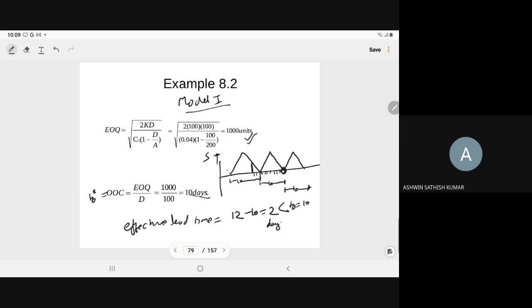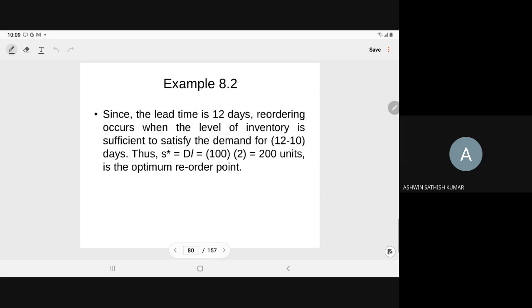So on the 8th day, in one cycle, if you will order, then you will get the order after 12 days. So actually you have to order on the 8th day. When the inventory level, that is the small s star, when we have to order, the inventory level must be d into l, and d is 100 into 2, that is 200.